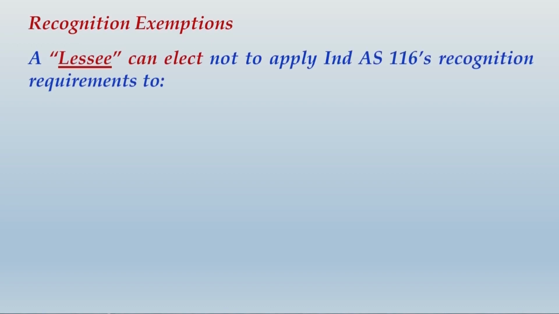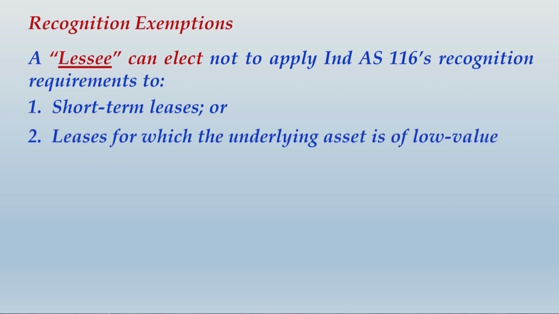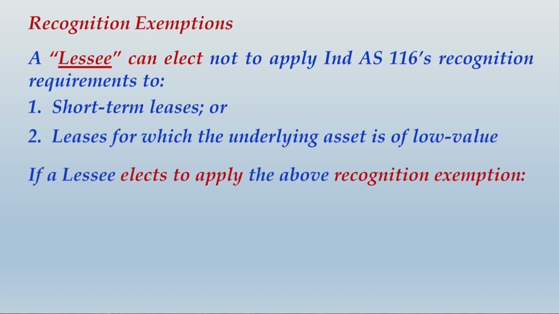Let us note down that point of recognition exemptions. What we have just discussed: a lessee can elect not to apply Ind AS 116's recognition requirements to short-term leases or leases for which the underlying asset is of low value. If the lessee elects to apply the above recognition exemption, I have already explained what the lessee has to do.